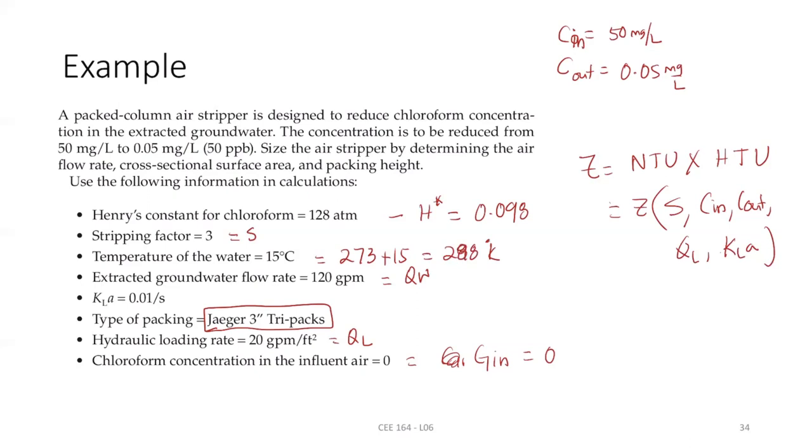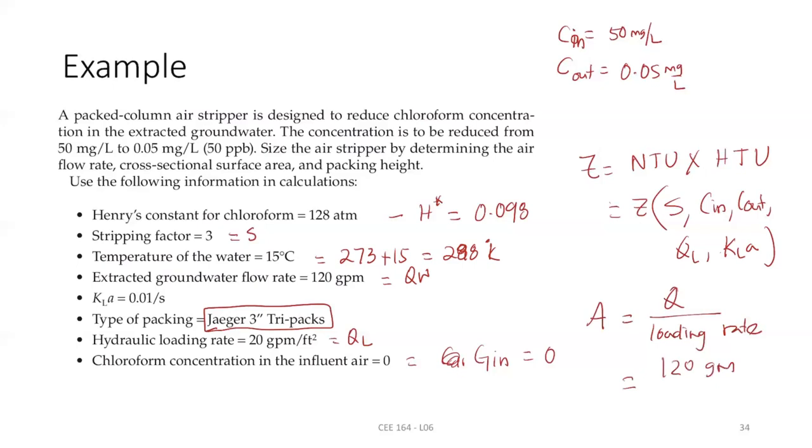So if you see what else is asked, that's the height. It says what's the cross-sectional packing height. Packing height is G, so that's one. Cross-sectional area, that's basically the area of the stripping tower, which is, as you know, Q divided by loading rate. Loading rate Q is given, which is 120 GPM.